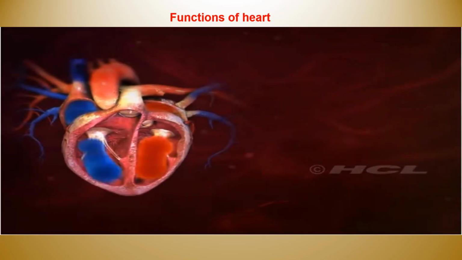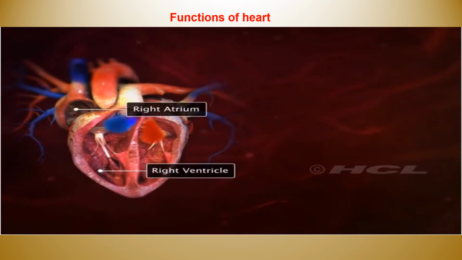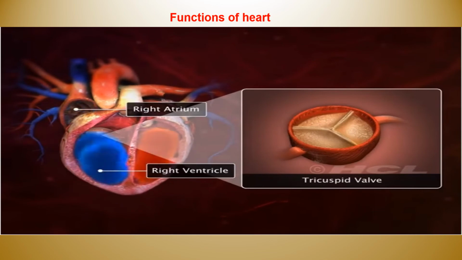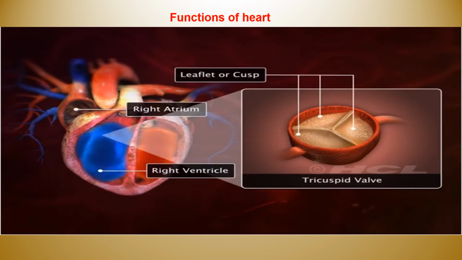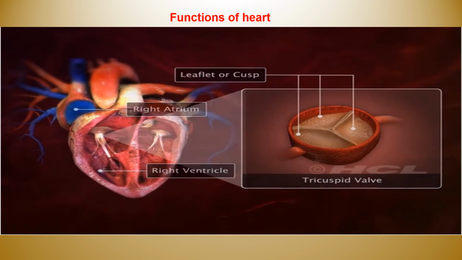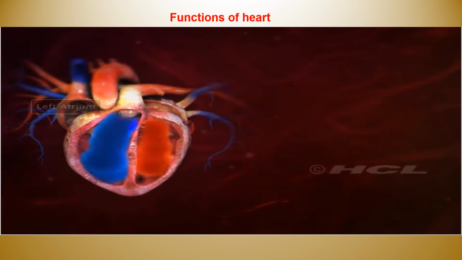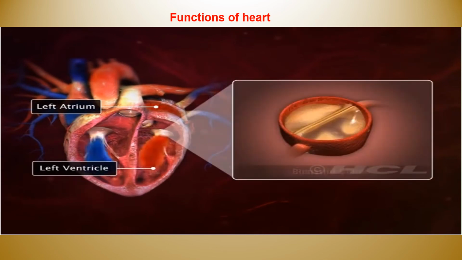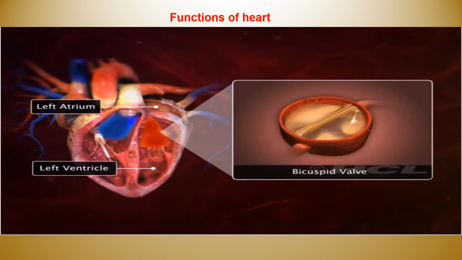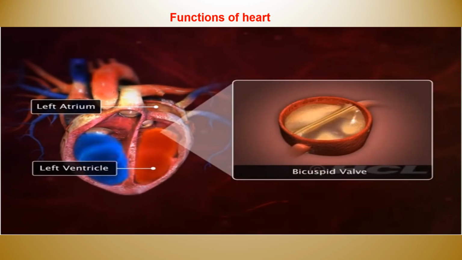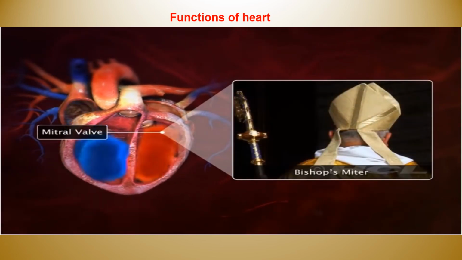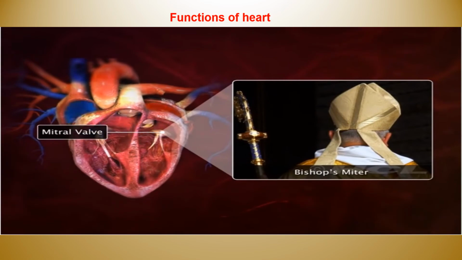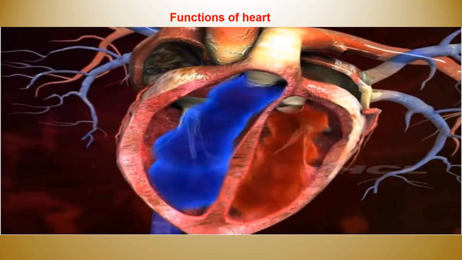A septum is a partition wall-like structure. Between the right atrium and right ventricle, a valve is present, the tricuspid valve. It has three leaflets or cusps, so it is called tricuspid. Between the left atrium and left ventricle is the bicuspid valve. It has two leaflets, so it is called bicuspid, otherwise the mitral valve.